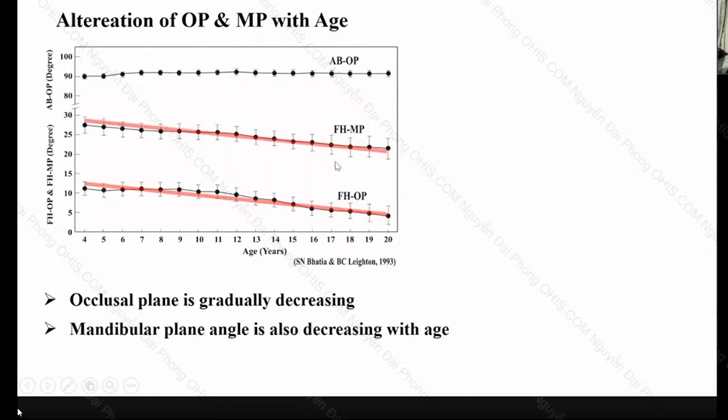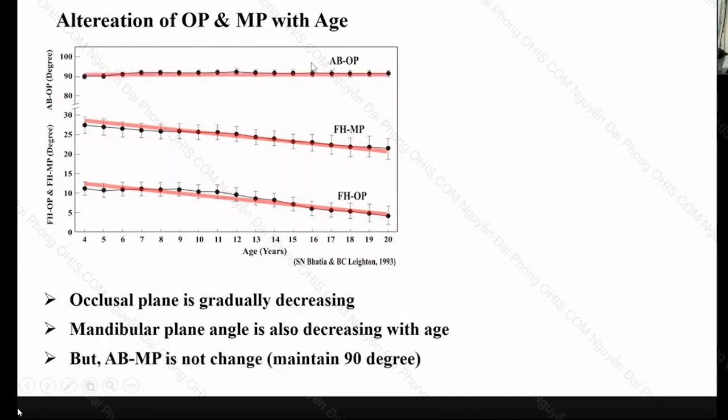So that's why if the vertical dimension of the molar area increases, then the mandible rotates forward. At the same time, if we measure the ABOP, AB meaning the maxilla and the mandible, the anterior limit connected line and the occlusal plane, this angle doesn't change.